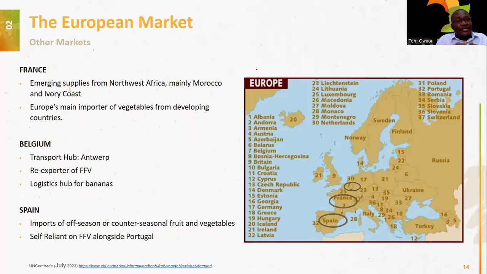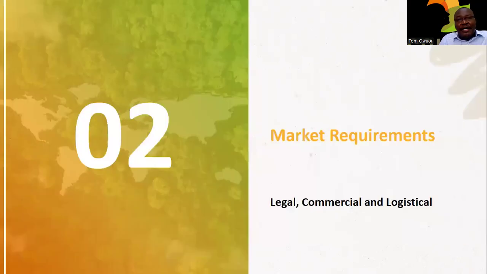But we must emphasize that when they are off-season, then it is possible for African, Pacific, and Caribbean countries to supply fresh fruits and vegetables into the Spanish market. So those are some of the few countries that we have selected to give you a brief overview in terms of market opportunities.